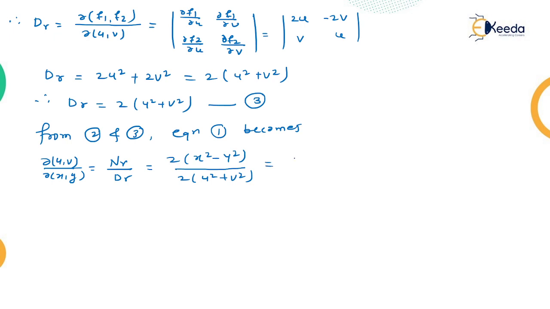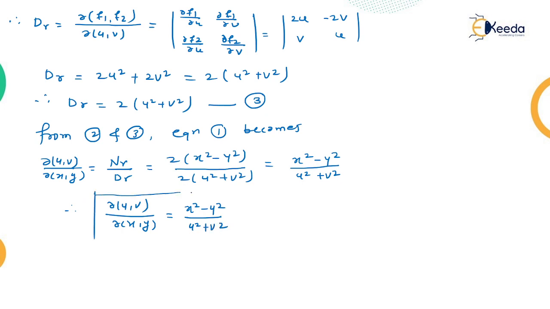So the 2 gets cancelled, and we get x square minus y square divided by u square plus v square. I hope you get the final step: del u v upon del x y is equal to x square minus y square upon u square plus v square. I hope you understand this very well now. So this is the proof.